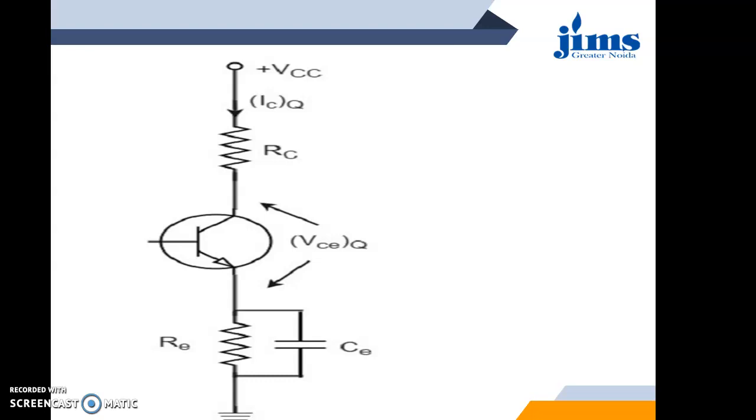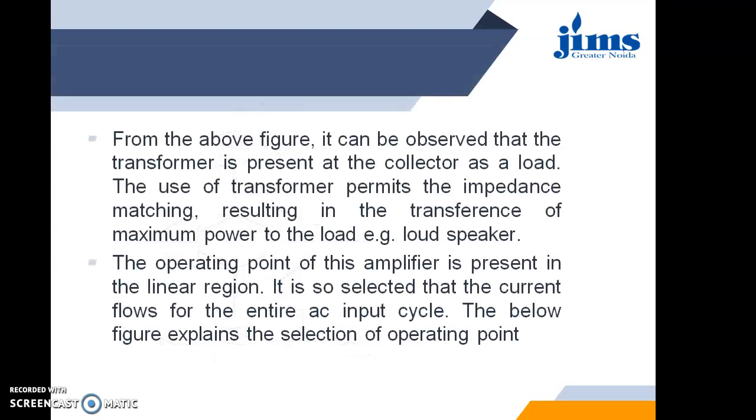Now the name resistive load means at the collector we are connecting a resistor given by RC. Now the input power given from the supply VCC is divided in two parts. The first part is the power dissipated across the resistor in the form of heat, which is I square R, and the rest of the power appears across the transistor. So we have to determine the useful AC power with respect to the DC input power, which is called the power conversion efficiency.